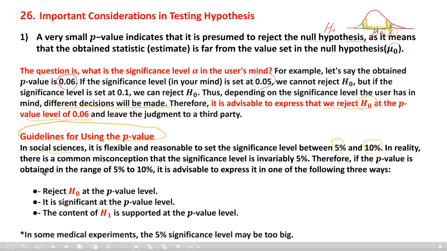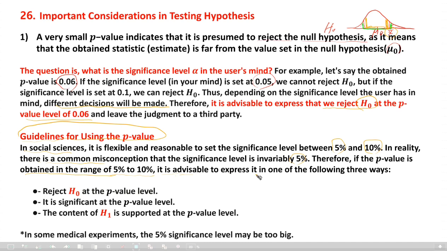In reality, there is a common misconception that significance level is invariably 5%. Even many professors keep significance level 5% in their mind. That is trouble.